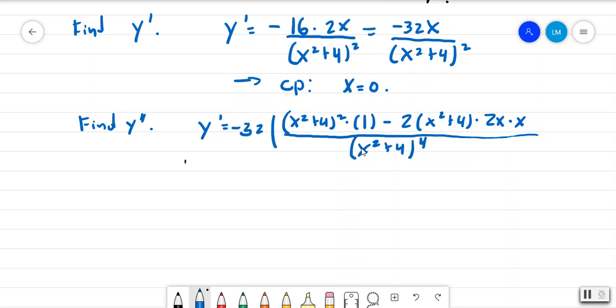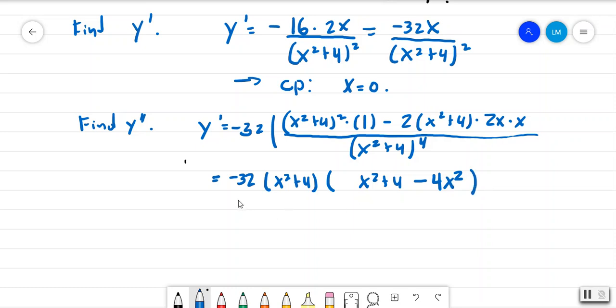Now, what that means is that this is going to simplify a little bit. So we have negative 32 multiplied by x squared plus 4 multiplied by x squared plus 4 minus 4x squared. Okay, so we'll go ahead and simplify this in a bit.